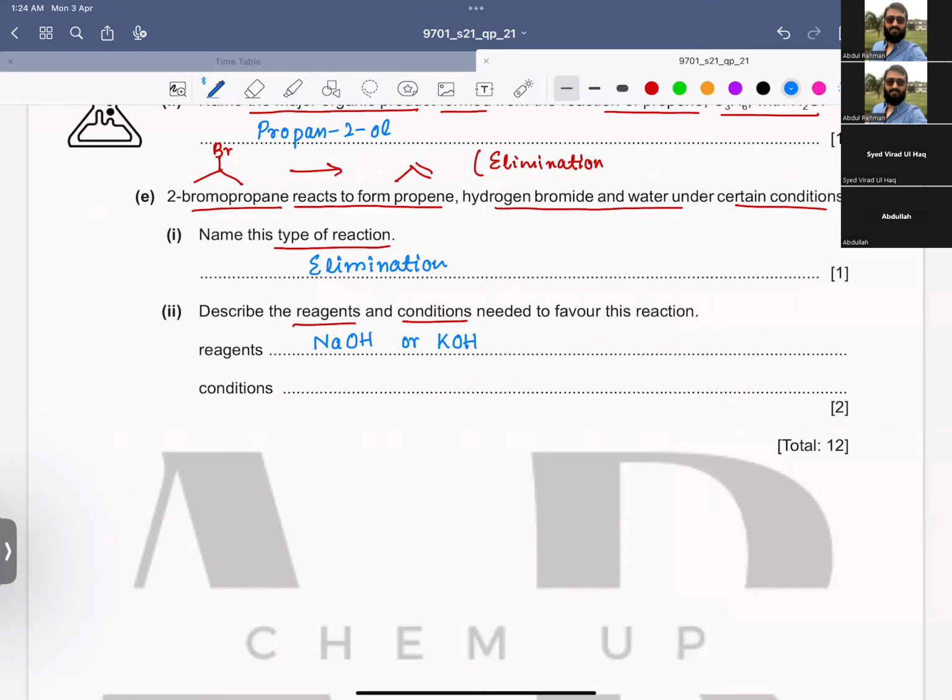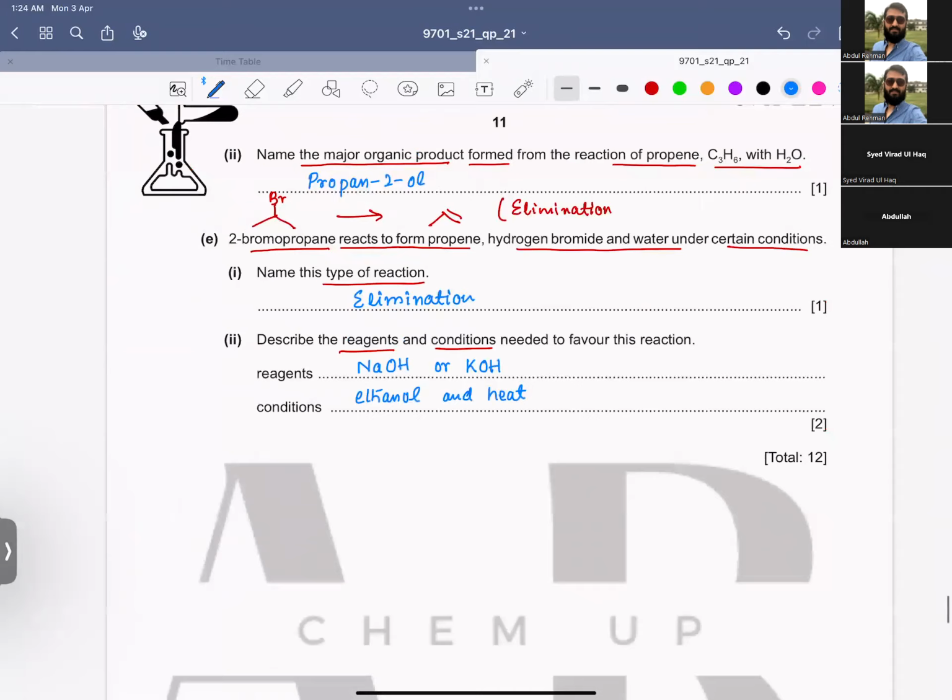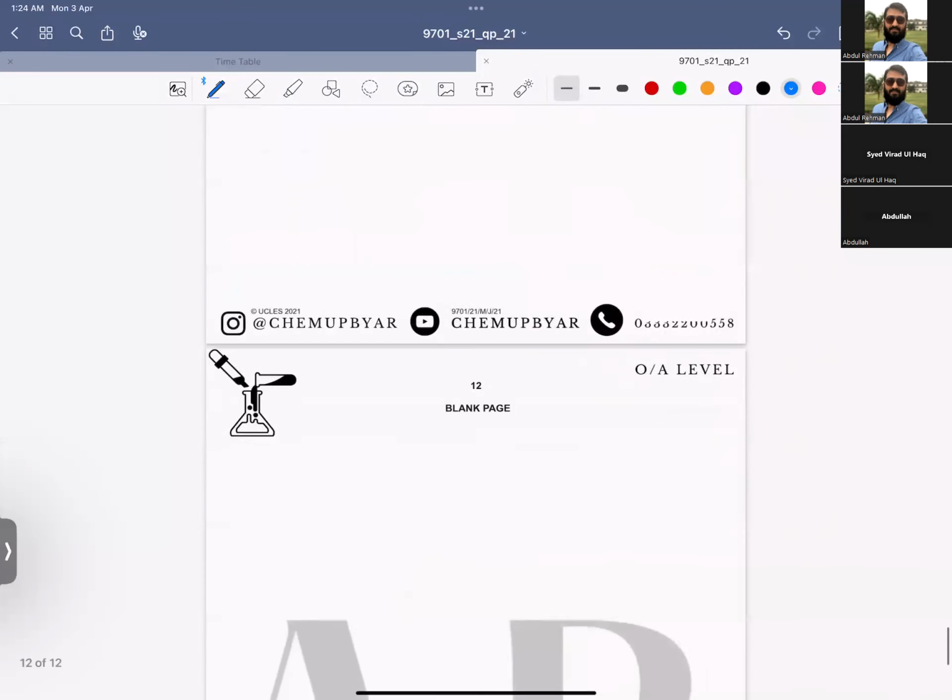So it means that ethanol would be the condition because it's a solvent. And the second condition would be heating. So we will write ethanol and heat. Is this clear? Yes sir. Okay. So we have ended the paper.